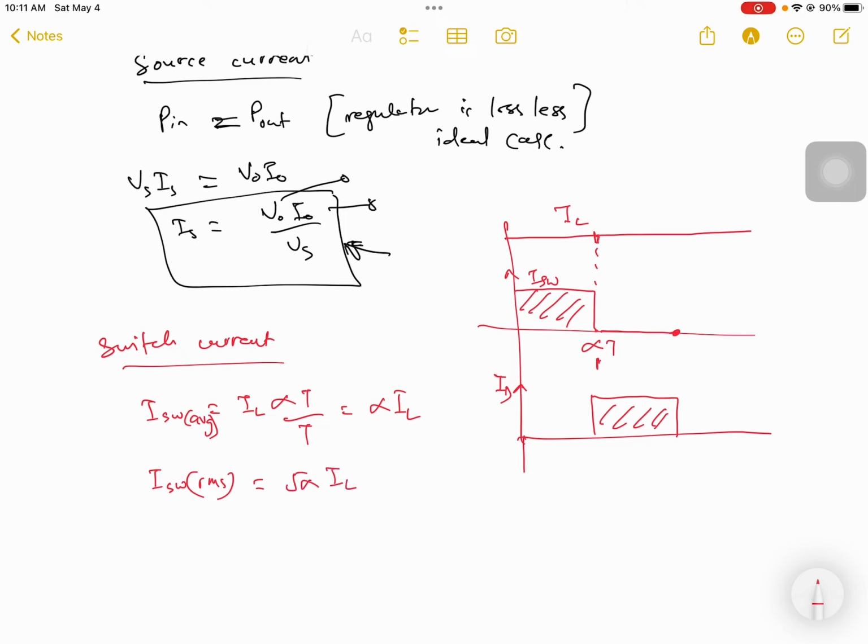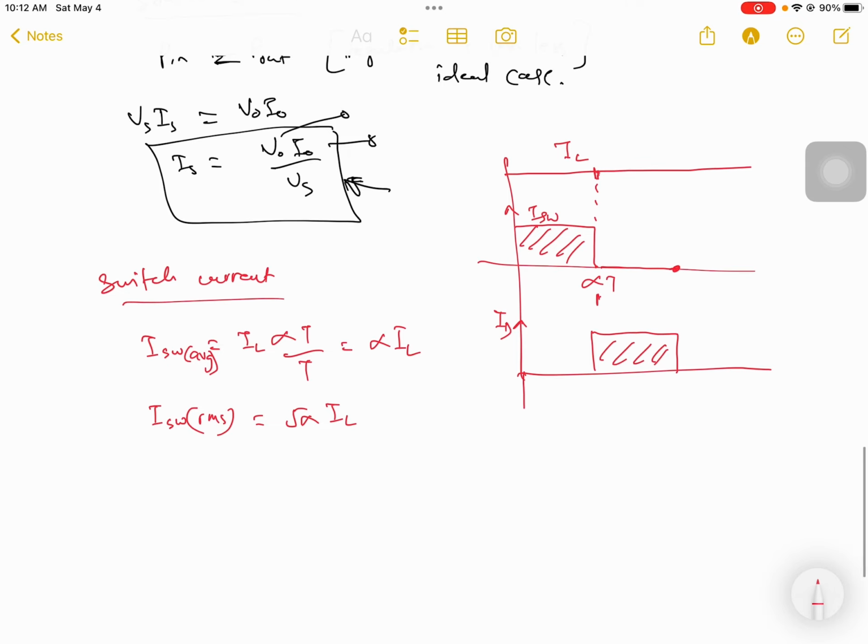I'm not showing the steps, there are many hidden steps, we have to use the formula to calculate the RMS value for the square wave. Similarly for the diode current, ID average is given by IL of 1 minus alpha, and ID RMS is given by IL of root 1 minus alpha.